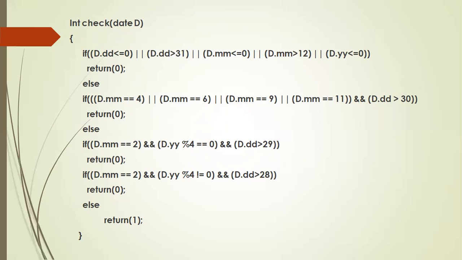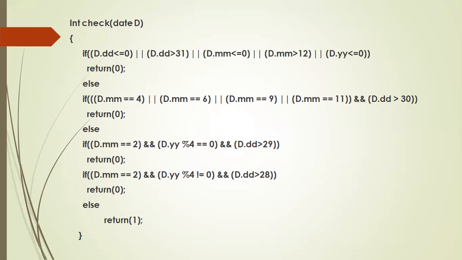In that case, the date value should not be more than 29, because a maximum of 29 can come. If it is greater than 29, return 0. Else, if d.mm equals 2, that is February, and d.yy % 4 is not equal to 0, that is not a leap year. In that case, d.dd greater than 28 is also invalid, return 0. If all these conditions fail, it means it's a valid date, so return 1.